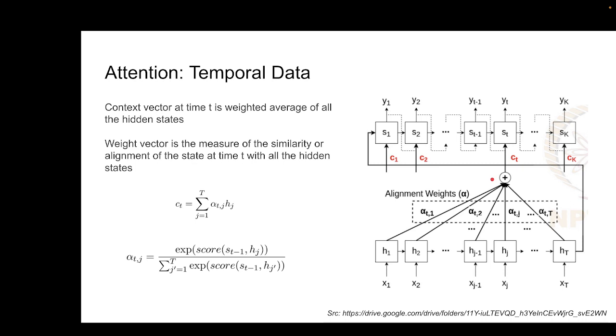So we will calculate a c_t, a vector which consists of very summarized information of the source sentence with respect to the previous time step s_{t-1}, right. This summary that we calculated, we will include here in the t-th time step to predict the y_t-th word, right.